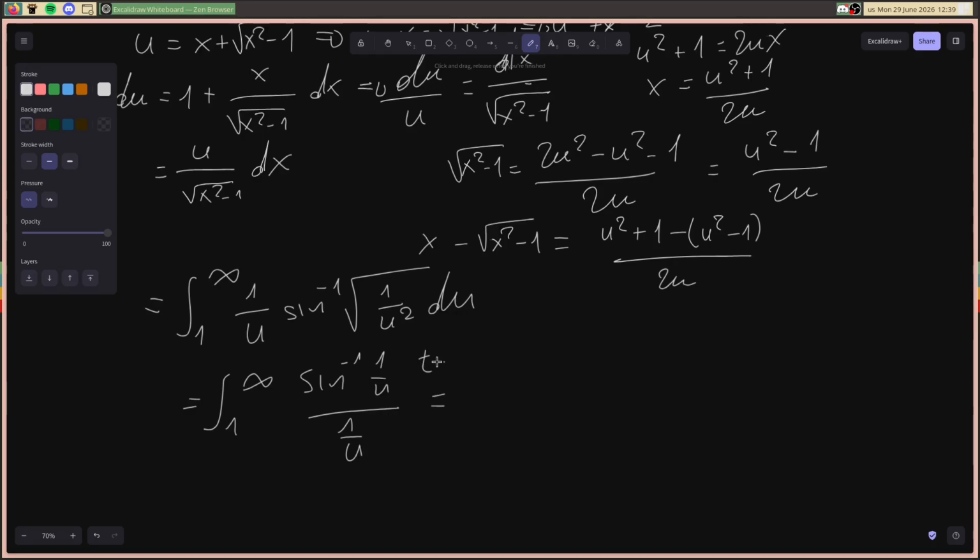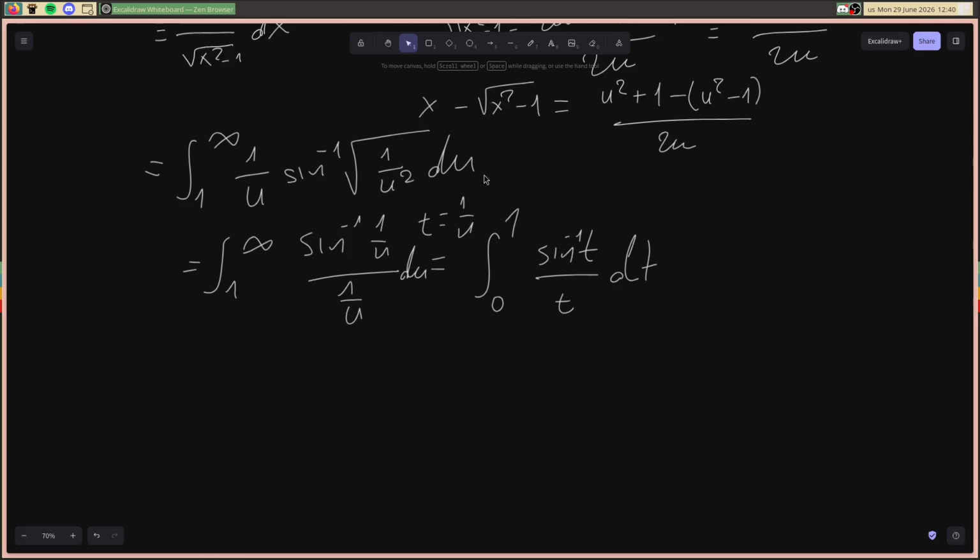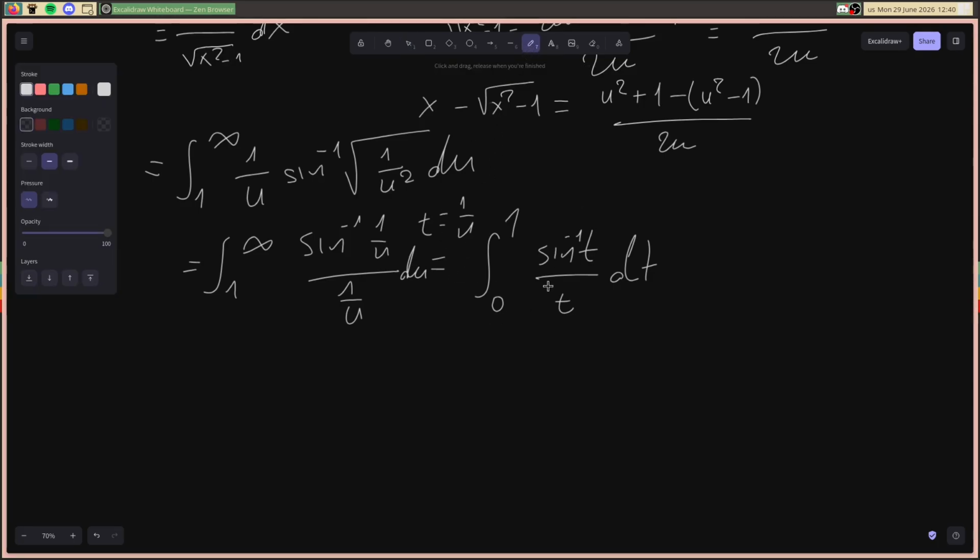Now we can let t equal to 1 over u, well, du. And then we go the integral from 0 to 1 of the inverse sine of t over t dt. Okay, so the way you continue from here is you do an integration by parts. You differentiate the inverse sine and you integrate 1 over t, which gives you a ln of t.